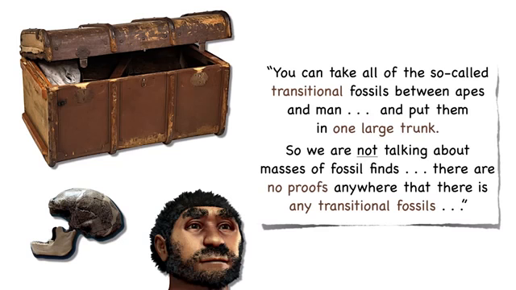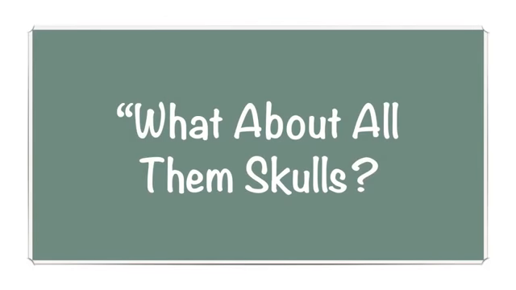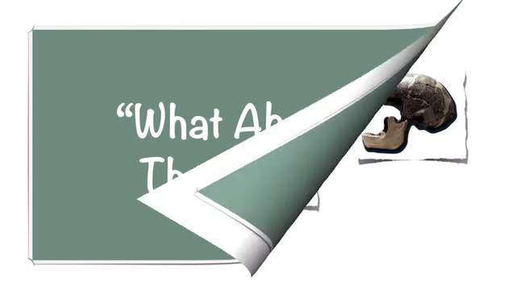You can take all of the so-called transitional fossils between apes and man and put them in one large trunk. So we are not talking about masses of fossil finds. There are no proofs anywhere that there are any transitional fossils. Another question that I've had myself for many years is, what about all them skulls that we hear so much about? Perhaps you've wondered the same thing.